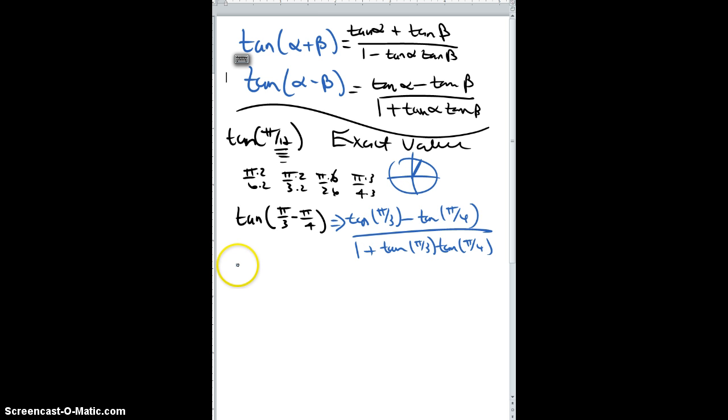So for this one, my sine is square root of 3 over 2 divided by my cosine, which is half, so I'm going to multiply by the reciprocal. That guy is square root of 3. Pi over 4, right, is square root of 2 over 2 divided by square root of 2 over 2. I know that's 1. All right, then over here I get 1 plus, the tangent's the same thing as it was up there, square root of 3, and again, that I already solved up there, so that's 1. So that's nice. All right, so I get square root of 3 minus 1, and then I'm just going to rewrite it square root of 3 plus 1 to be consistent.